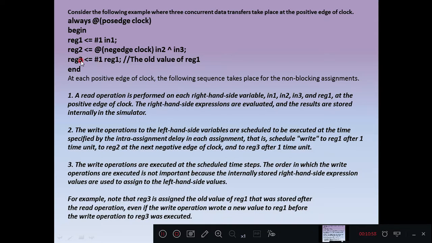IN2 XOR IN3, this expression value is scheduled to assign to register 2 during the negative edge of the clock. So whichever statement's update occurs first, whether register 1 is assigned first or register 3 is assigned first, the previous values of IN1, IN2, IN3 and register 1 are scheduled to assign on the left hand side to update the values of register 1, register 2 and register 3.